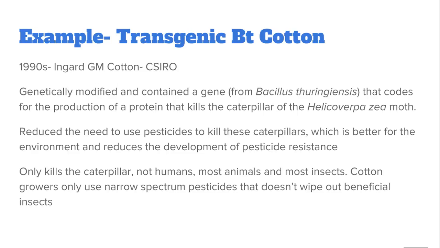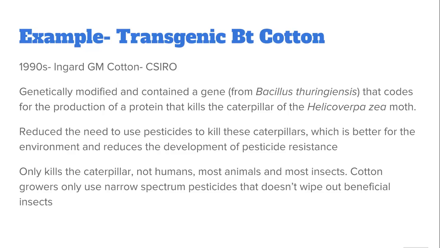Because that cotton now possessed that gene, it reduced the need for cotton farmers to kill these caterpillars with pesticides, which is better for the environment and reduces the development of pesticide resistance in lots of other bacteria and organisms.